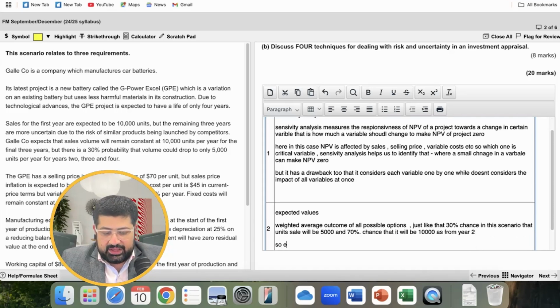So expected value gave us 8,500, a weighted average of both values.